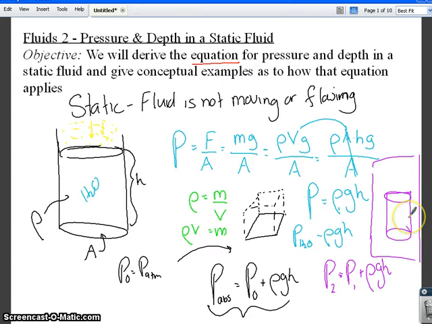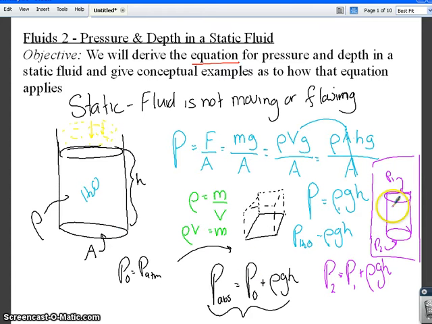So there's more fluid around here. And I just want to know the pressure differences. So this is P1, the top surface, and P2 is the bottom surface. So I'm not dealing with atmospheric pressure. I'm just dealing with what's the difference in pressure here versus here.